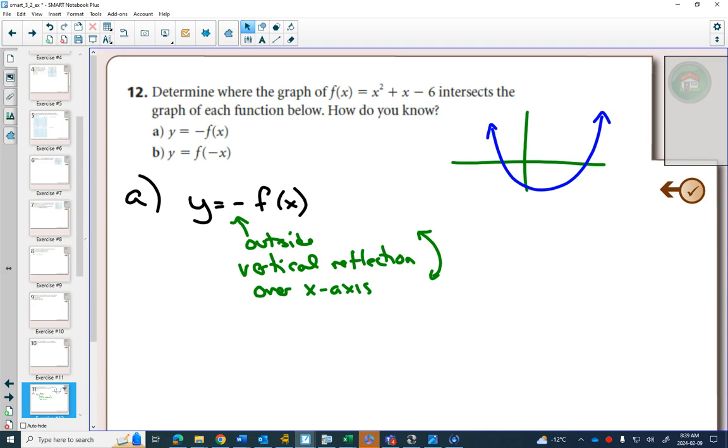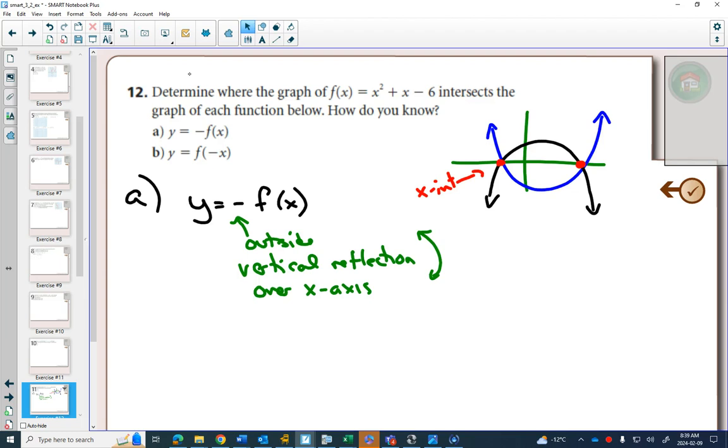But if I flip it over the x-axis, it's going to cross at those 2 points. And those 2 points are x-intercepts.